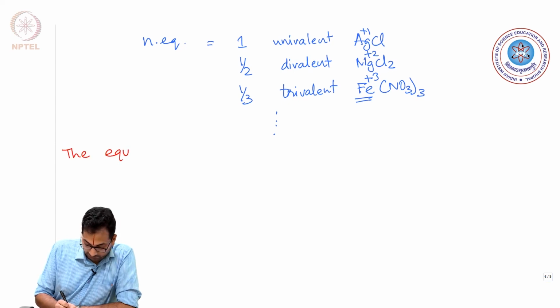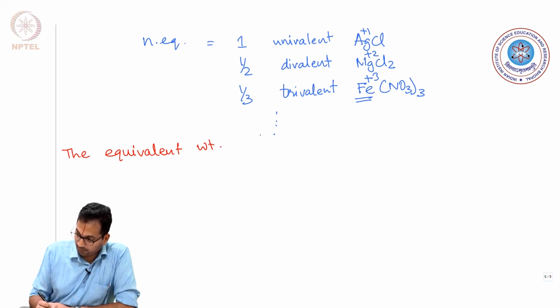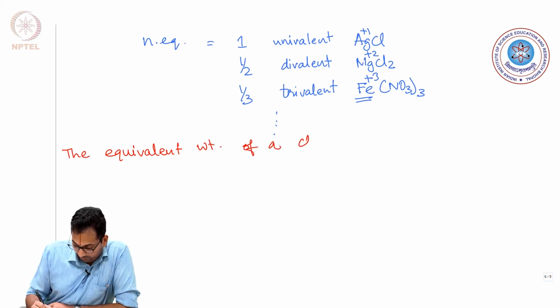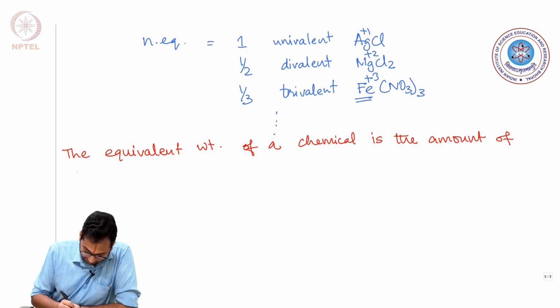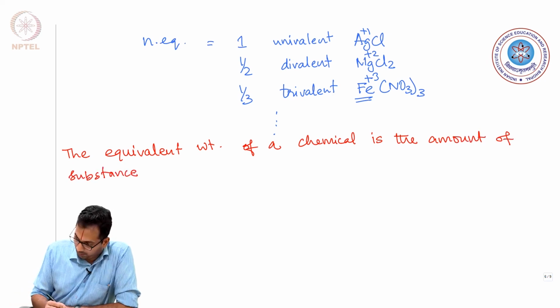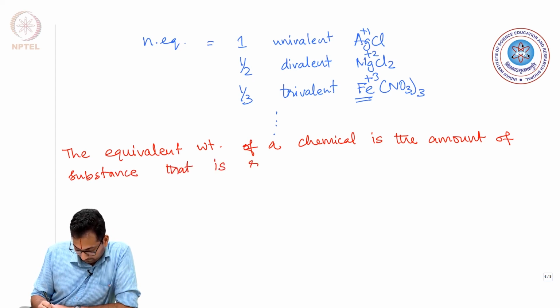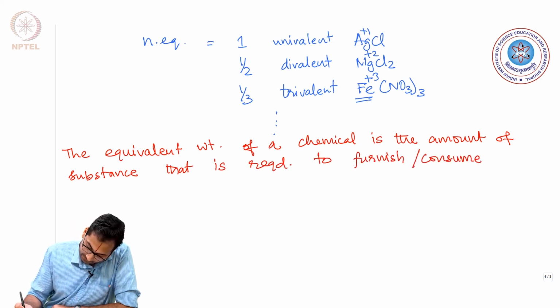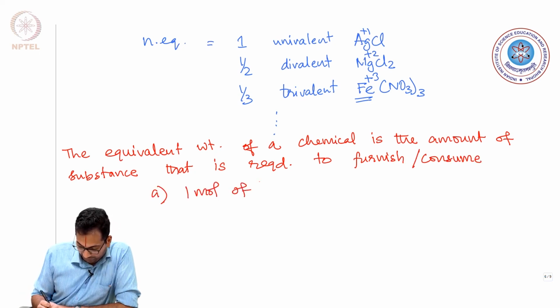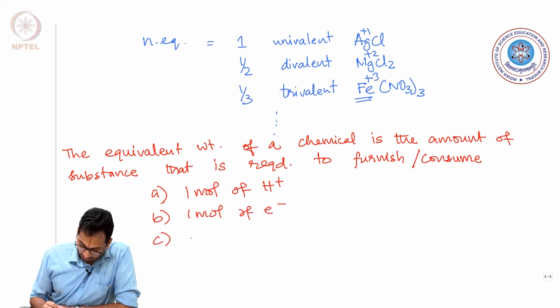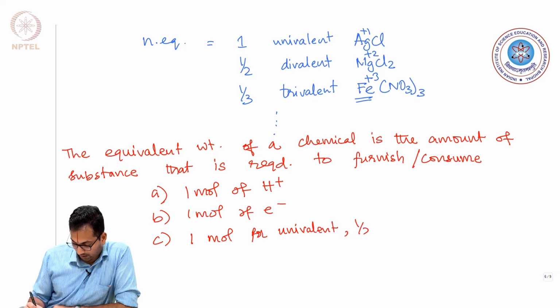The equivalent weight of a chemical is the amount of substance that is required to furnish or consume 1 mole of H plus ions, 1 mole of electrons, 1 mole for univalent, 1/2 for divalent, and 1/3 for trivalent.